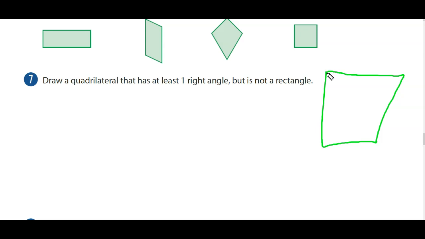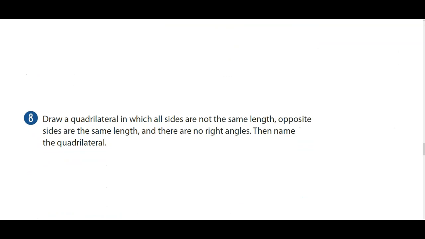This is just 1 right angle right here, and it's not a rectangle. Draw a quadrilateral in which all the sides are not the same length, opposite sides are the same length, and there are no right angles. Name the quadrilateral. I'm drawing a rhombus. Something like that.